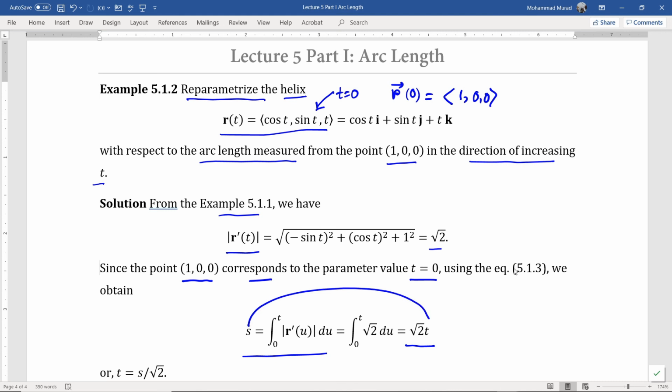Now if we solve this equation for the parameter in terms of the arc length, we obtain t equals s over square root of 2.